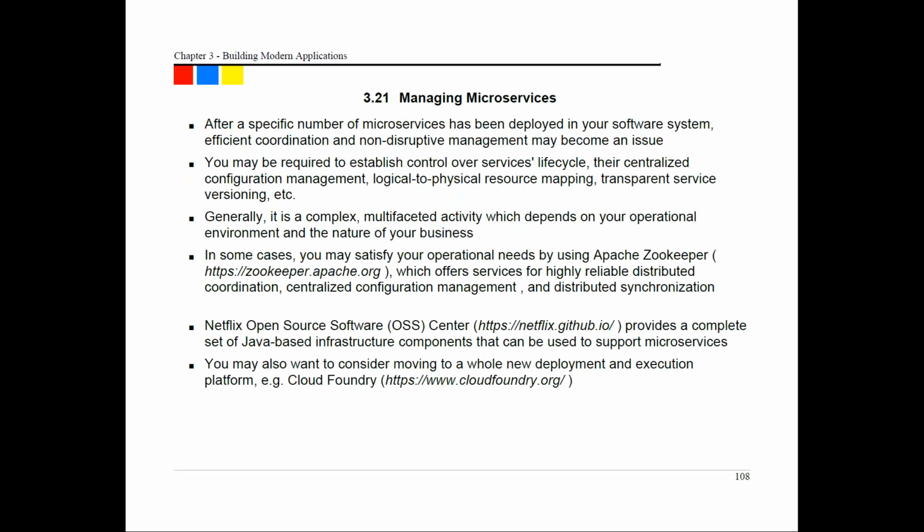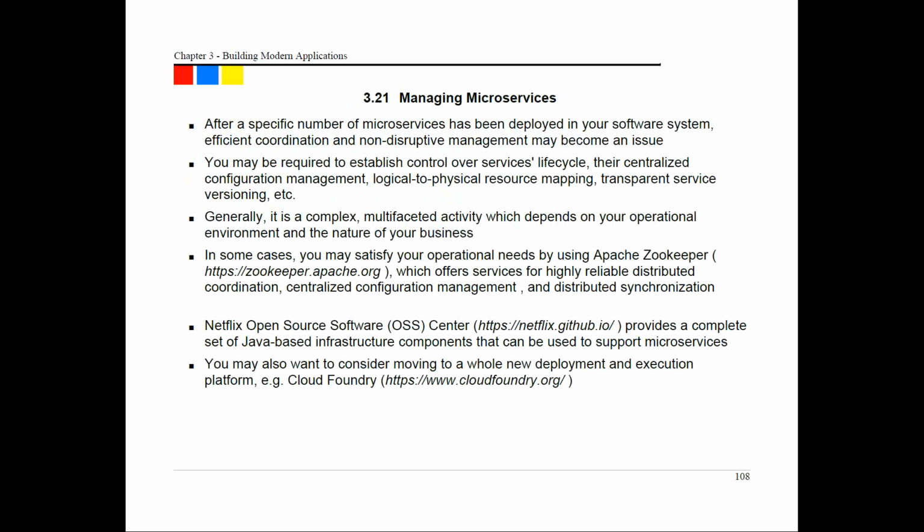Generally, it's a complex, multifaceted activity. There are a few possibilities out there. Some people use a centralized store of knowledge or a distributed shared value store. Apache Zookeeper is a popular one, which offers services for highly reliable distributed coordination, centralized configuration management, and distributed synchronization.